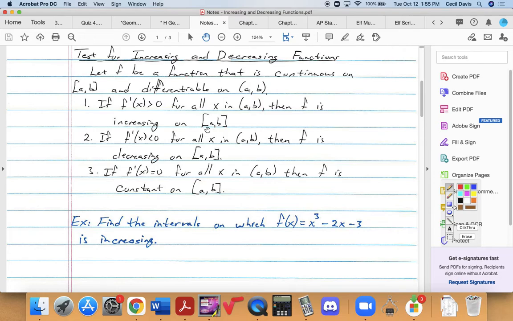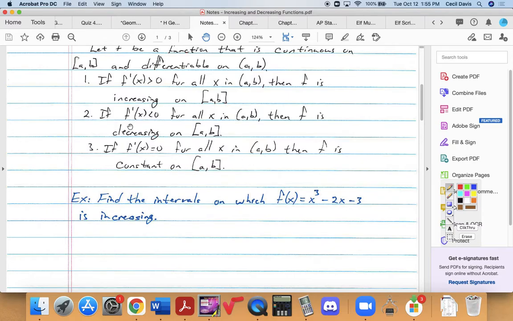Okay, remember increasing is on an interval. So some people will go, well, what if it's not increasing at a? I don't care. Okay, we're saying on this interval, this function is increasing, not at a or at b. I hope I've made that clear.